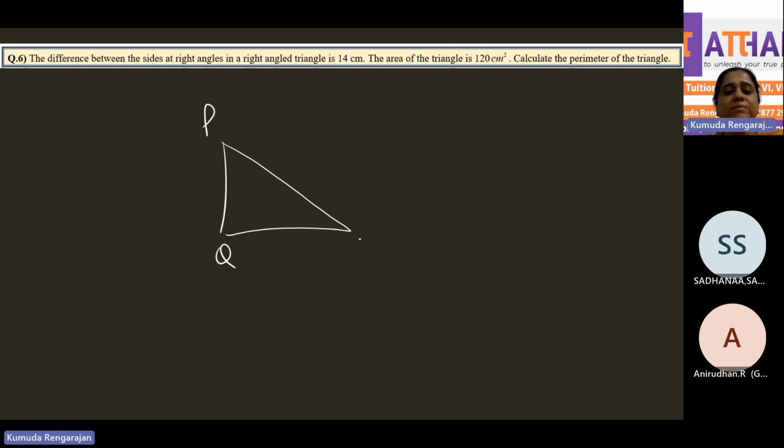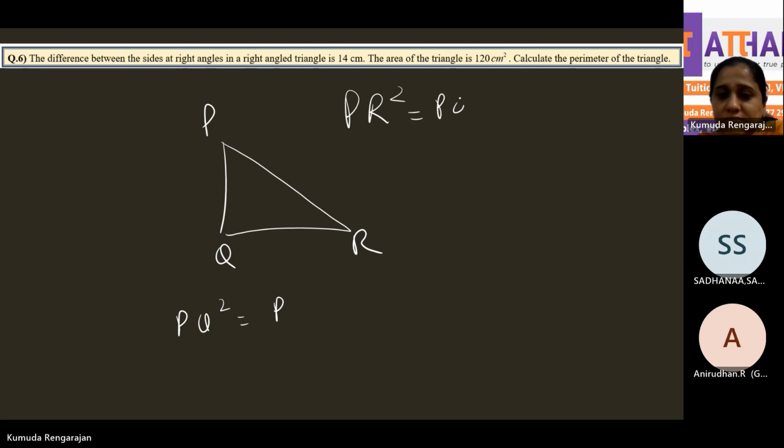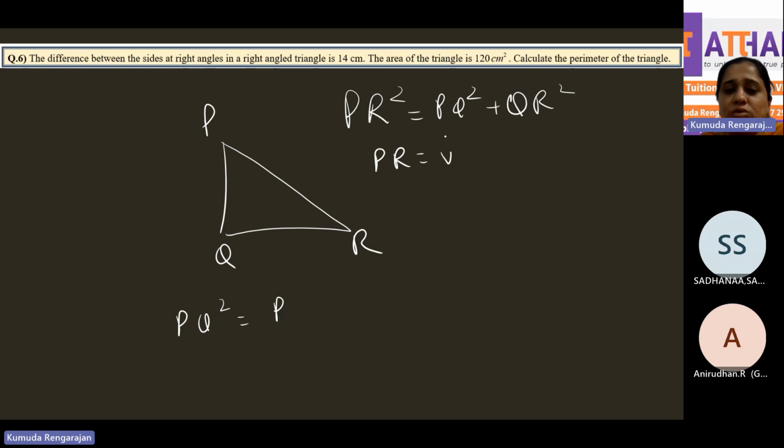Tell me, how do you work Pythagoras theorem here? PQ square plus QR square, right? I have written directly: PR is equal to square root of PQ square plus QR square.